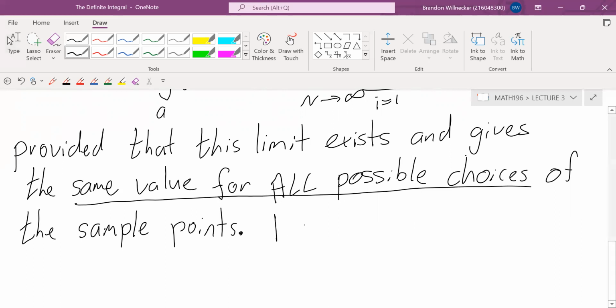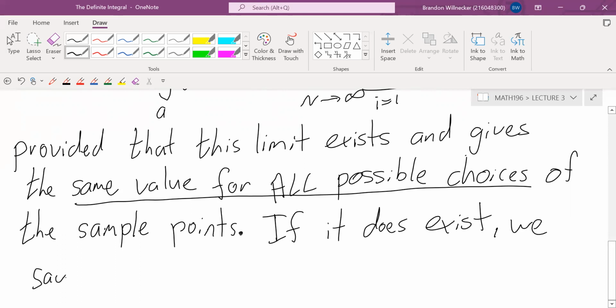Okay, so if it does exist, in other words, it satisfies these two conditions, we say that f is integrable.